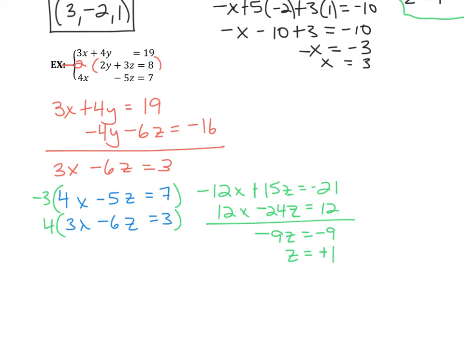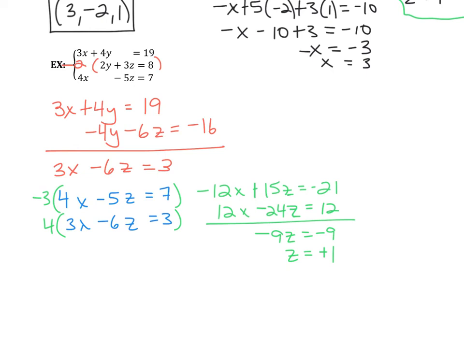All right, +1. So once I have one value solved for, then I'm going to start working my way back. So I'm going to go back to this system right here, because then that will give me the ability to plug in a 1 for z and then figure out what y or x is equal to, and then I can work my way back.